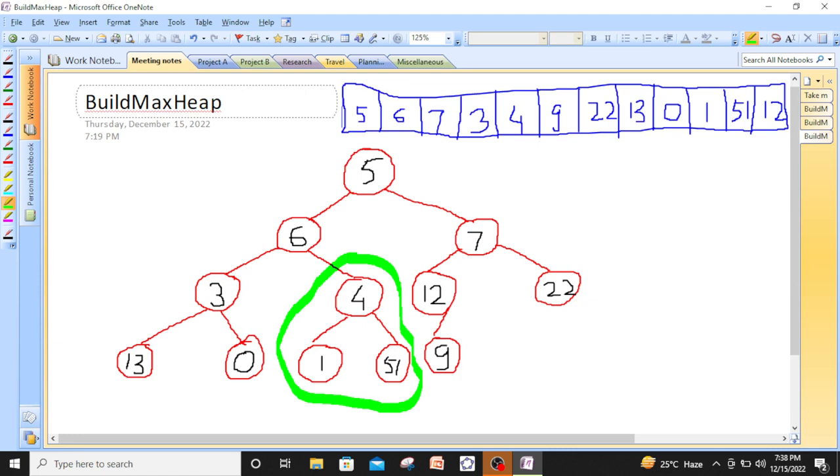Now you can see I have taken the next node, that is 4, with its children 1 and 51. Among these you see 51 is greater. So the nodal values 4 and 51 will be interchanged. So I interchange these two values.